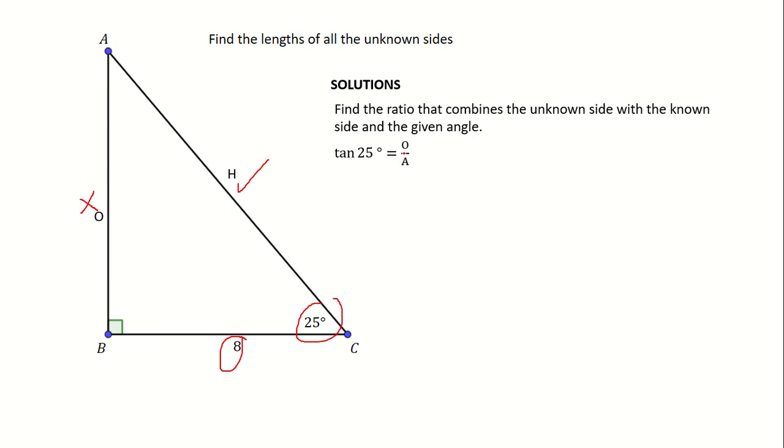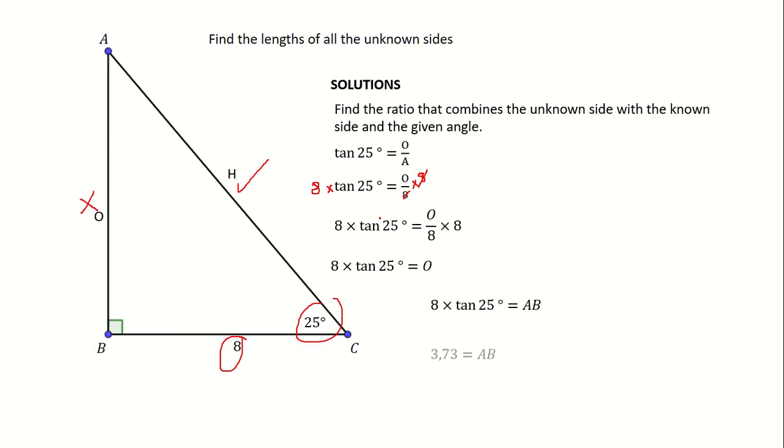I do have my adjacent, so all I'm going to do is substitute 8 for the adjacent, and I will simply multiply this side by 8 and multiply this side by 8 for me to find O. Hence O will be equal to 8 multiplied by tan of 25, and 8 multiplied by tan of 25 is simply 3,73. So I do have my opposite.